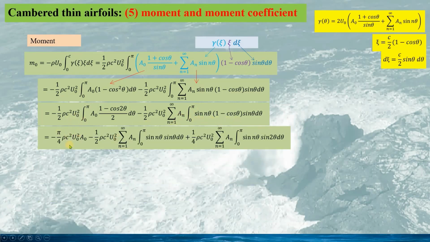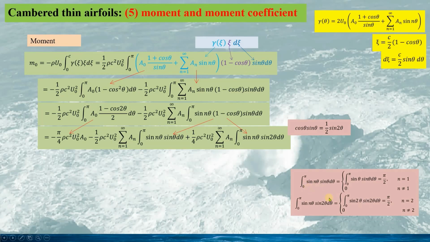So we have the result for this first term, and for the second term, we again separate this into two terms. So we have the expression as this. Here, the trigonometric relation is used for this term. And again, we look at the integration for this term and this term.